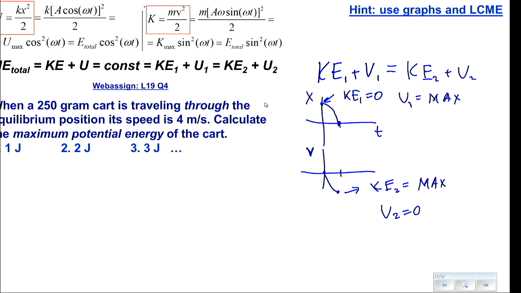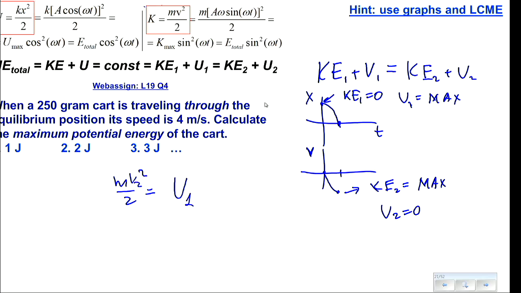So what do we do? We say mv initial squared over 2, or doesn't really matter which, let's call it 1 and 2, should be equal to u2. I mark them differently. mv2 should be equal to u1.